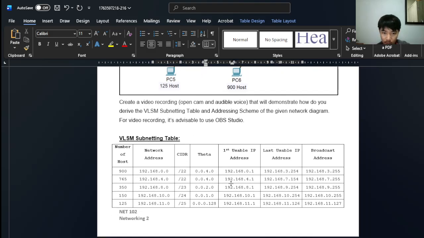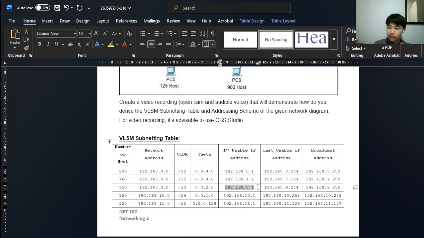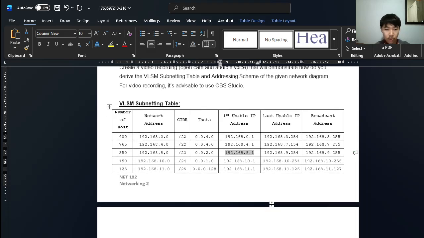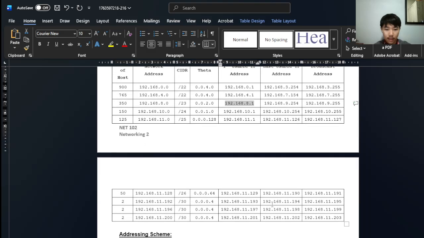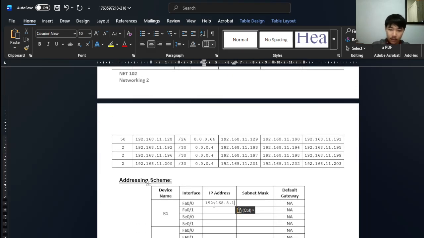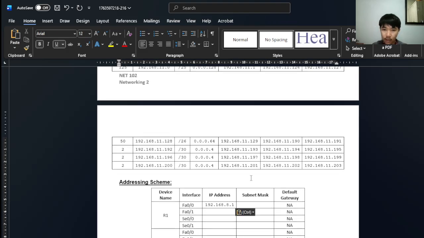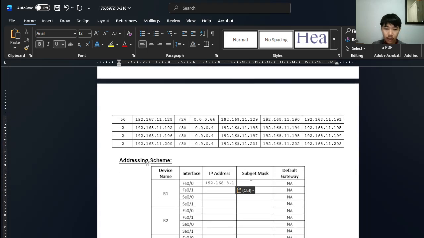The first usable IP address of 350 is 192.168.8.1. So let's paste here. For the subnet mask, let's proceed on this to get the subnet mask.